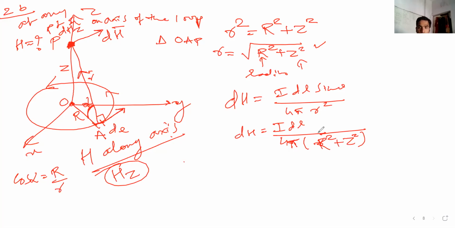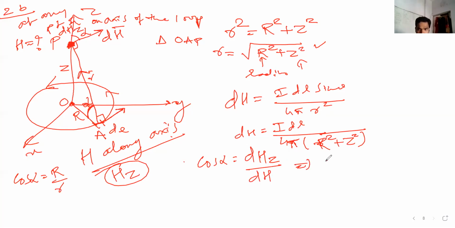So if this is alpha, this becomes 90 minus alpha, and this is 90, so this also becomes alpha. So from here, cos alpha is adjacent, which is dHz, the z component, upon dH.